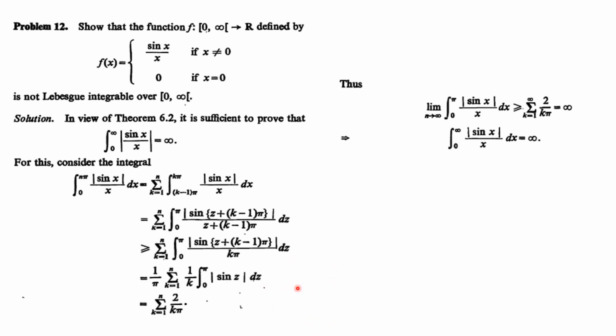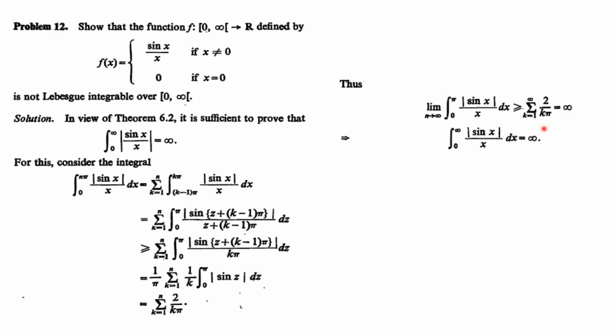The p-series test says that a series of the form 1 over n to the power p is convergent if p is strictly greater than 1, and divergent when p is less than or equal to 1. So this behaves like the series 1 over k, and by p-series we get that the series is divergent. So its value is infinity.